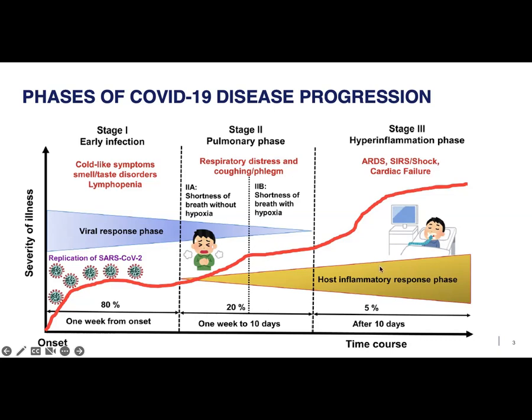And in stage 3, often about 1 to 2 weeks after symptom onset, patients experience worsening shortness of breath and hypoxia, along with subclinical elevations in the indicators of organ damage in cardiac, kidney, and liver. And doctors may admit people to an intensive care unit in these severe cases.